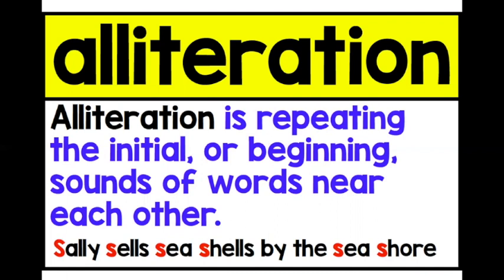Sally sells seashells by the seashore. Okay, so we have that S sound at the beginning being repeated over and over again, which is, these are also really fun to come up with. They can be difficult to say at times, and if you say it 10 times fast, it is very hard to do. Okay, so these are the 7 forms of figurative language that we're going to be looking at.